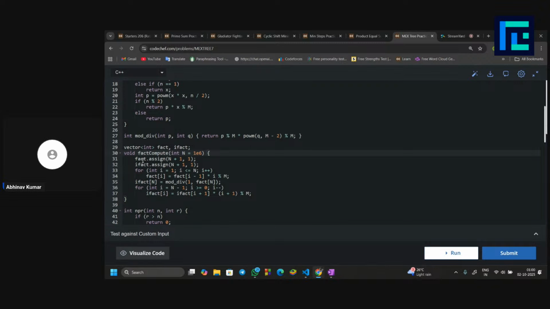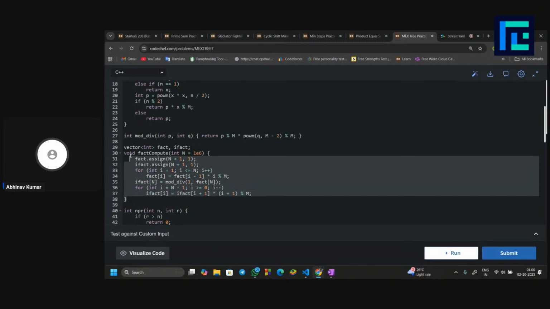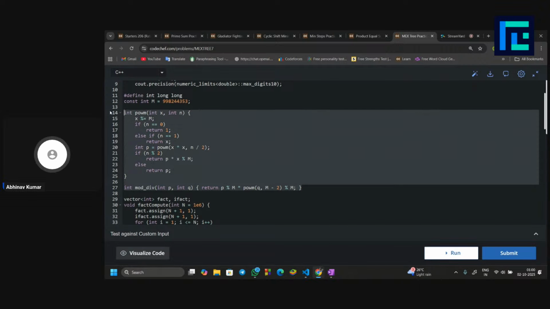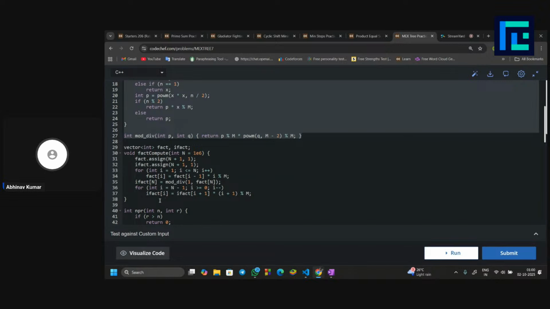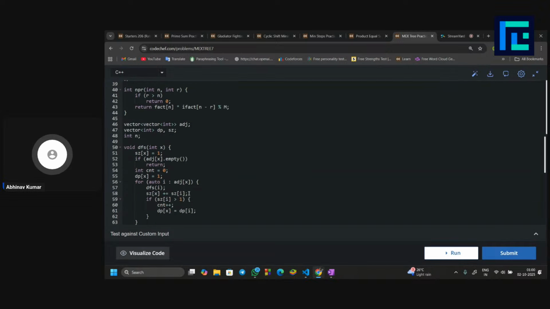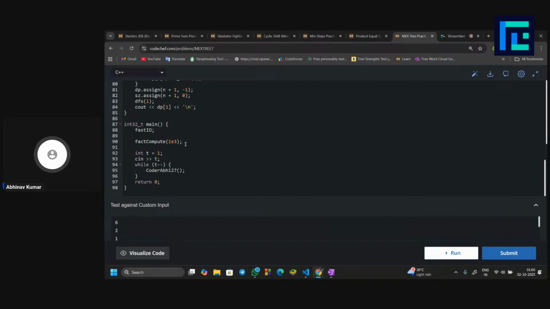I pre-compute the factorials till n, and I also pre-compute the inverse factorials till n. If you don't compute the inverse factorials, you can do it in log n time by calculating the mod inverse. This mod inverse function I have written using binary exponentiation. This way I pre-compute the factorials and inverse factorials up till 10 to the power 3, which would be used.